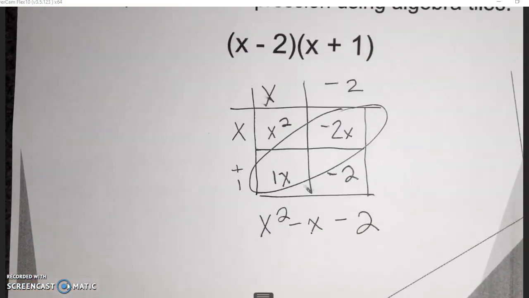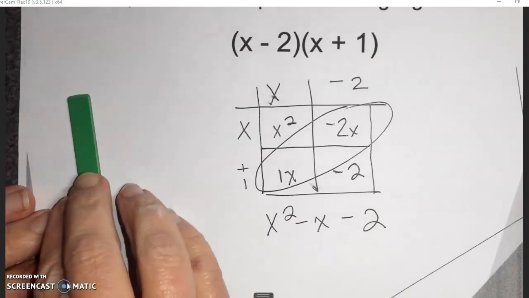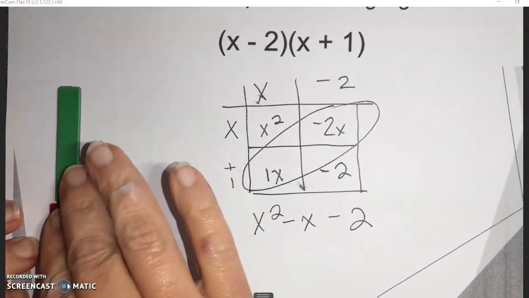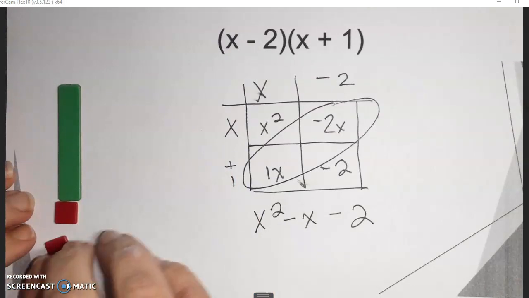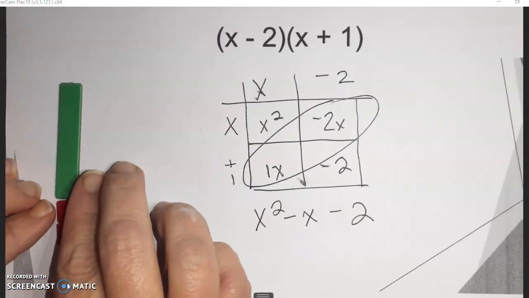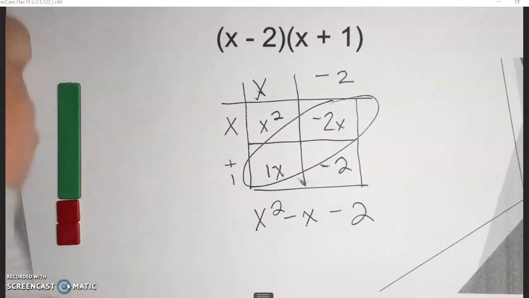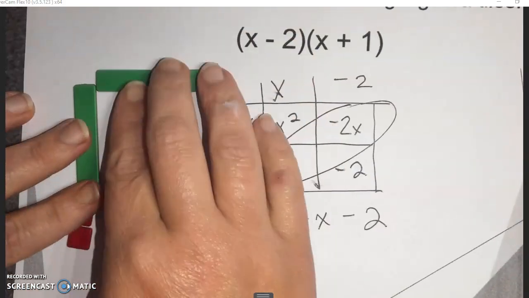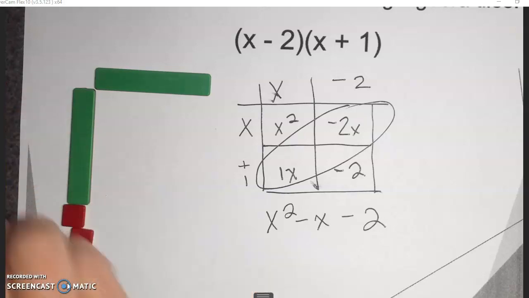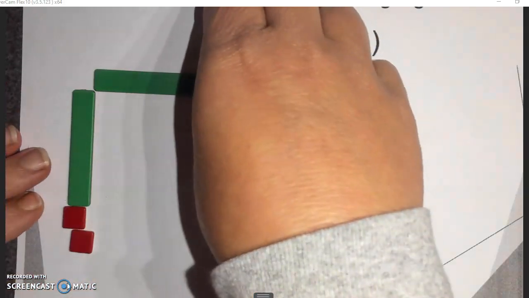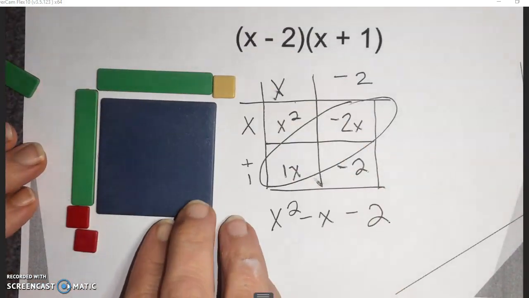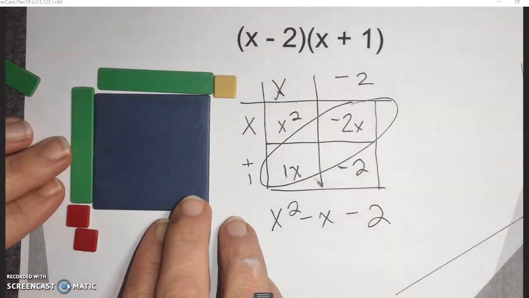Let's try it with our algebra tiles. x, negative 2, and then x positive 1. So this gives us the positive x squared.